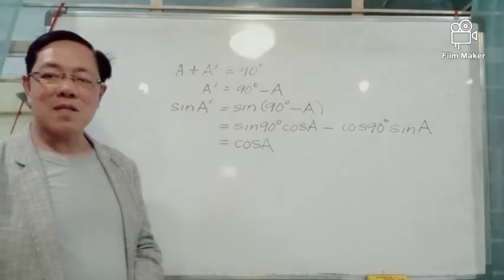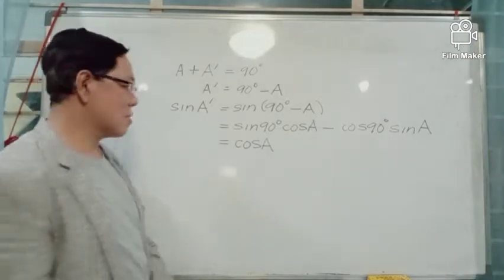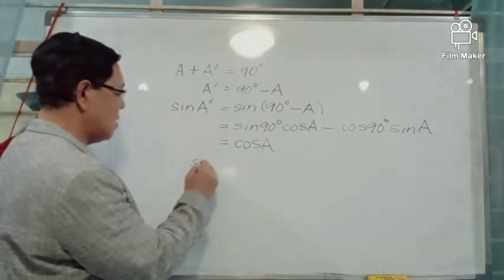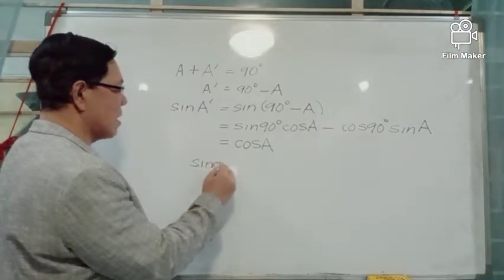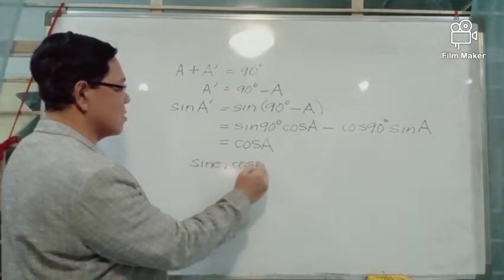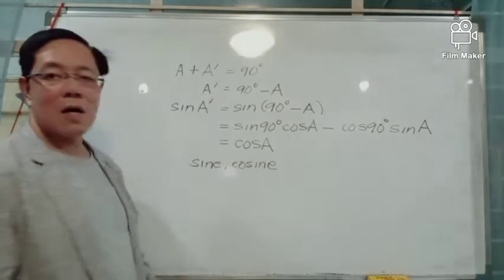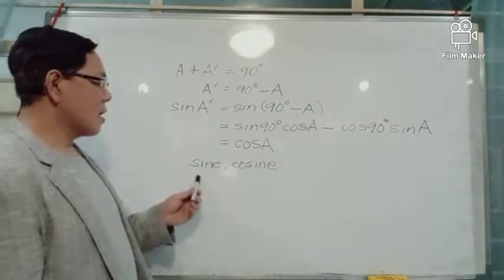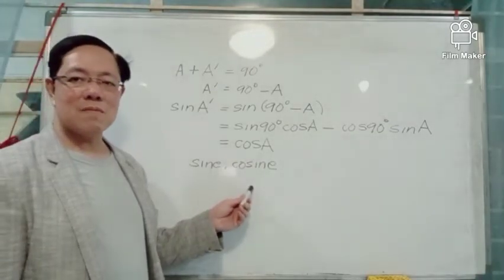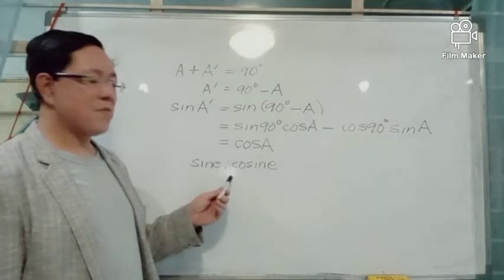There are three pairs of cofunctions. The sine and cosine functions are cofunctions. Sine is the cofunction of cosine. Cosine is the cofunction of sine.